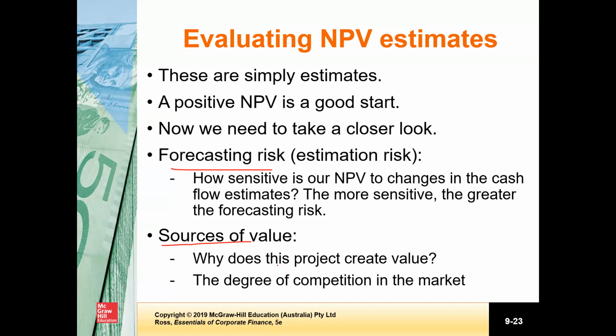The next point is sources of value. The first line of defense against forecasting risk is simply to ask, what is it about this investment that leads to a positive NPV? We should be able to point to something specific as the source of the value. For example, if the proposal under consideration involved a new product, then we might ask questions such as the following.